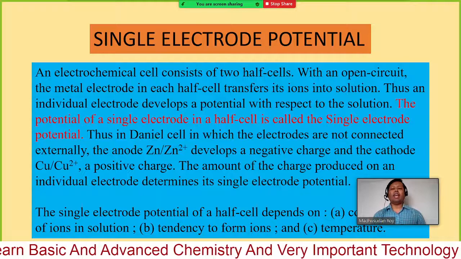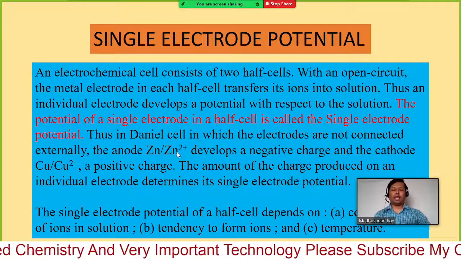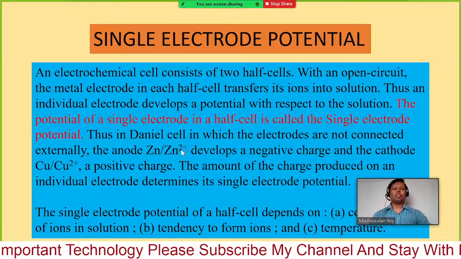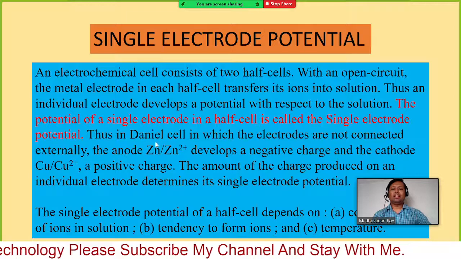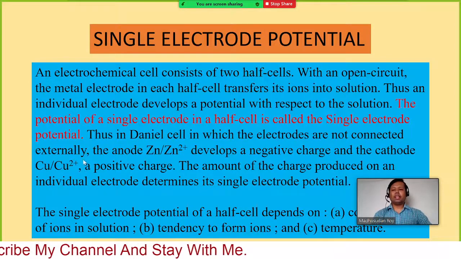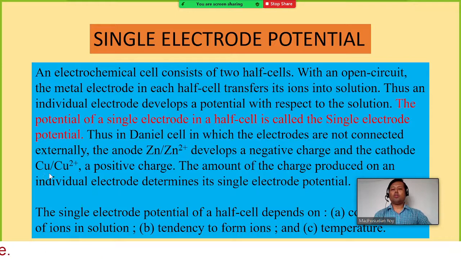The zinc anode: zinc is the electrode and zinc 2 plus is the electrolyte. So in the Daniell cell, in which the electrodes are not connected externally, the anode zinc develops a negative charge and the cathode copper develops a positive charge.